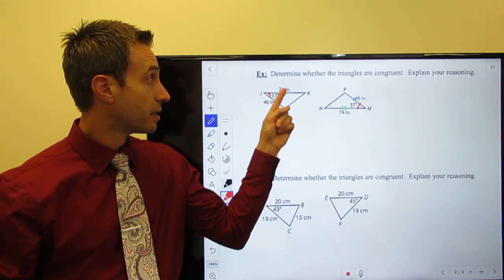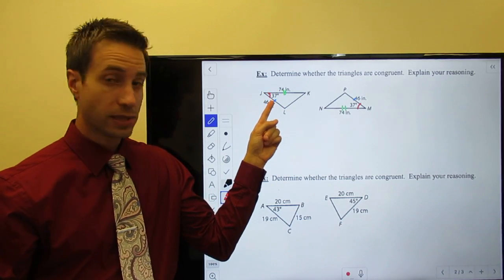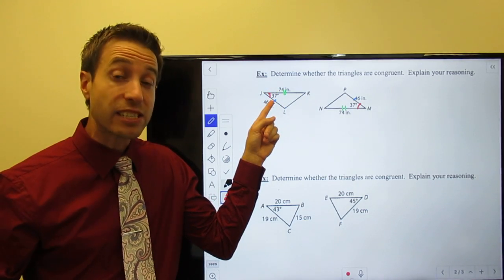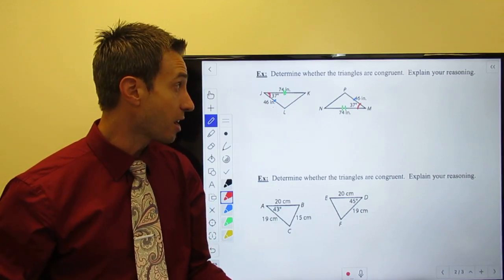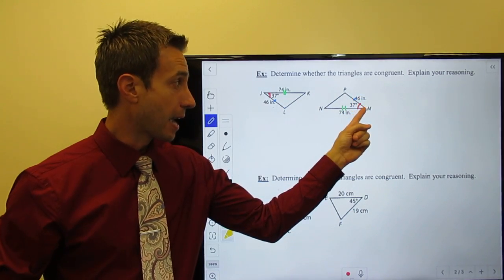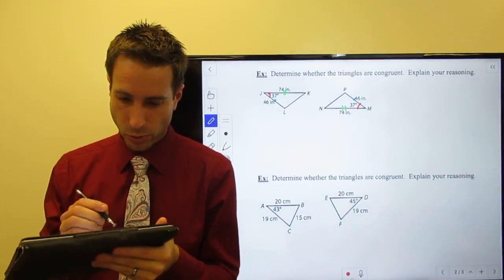Well guys, look at what you've got here. I have a side, angle, side. And I've just proven it's congruent to the corresponding side, angle, side. So here's what I know.